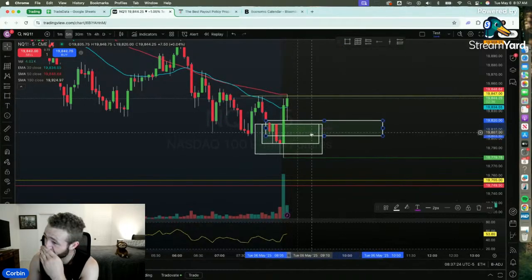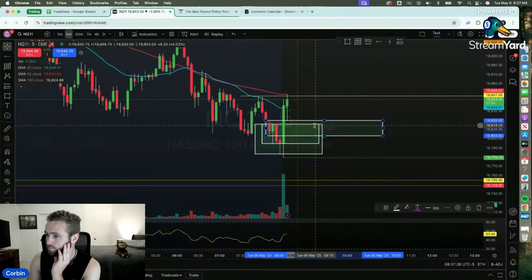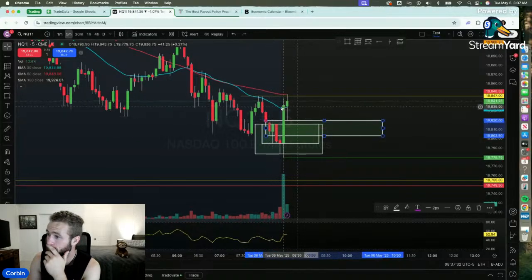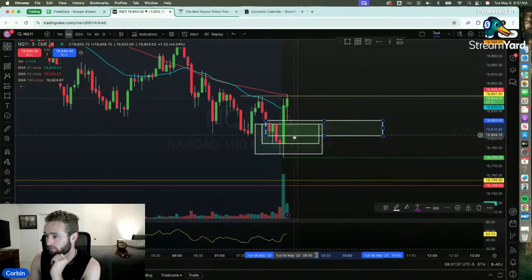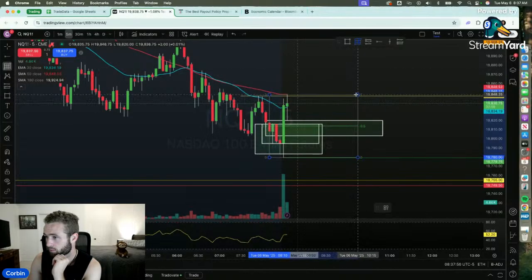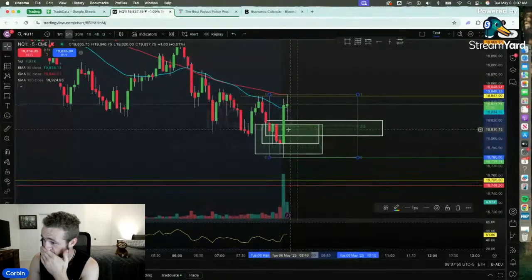Okay, so this could be a good potential long. Depending on where this candle closes, because right now we have a break of structure, a fair value gap, order block, breaker block, and a 50% retracement that falls into all three of those.